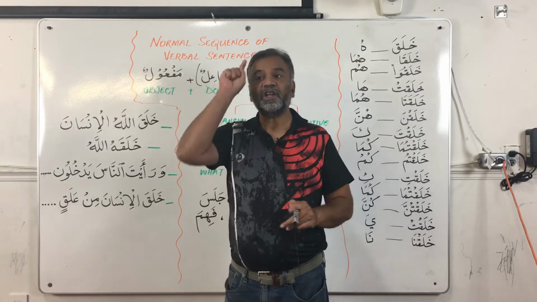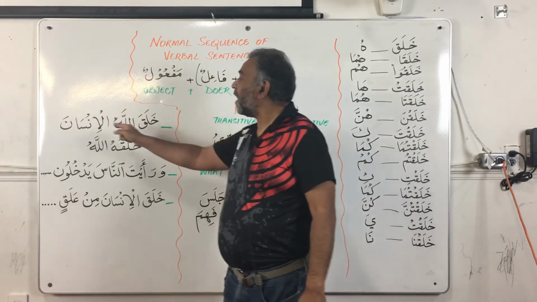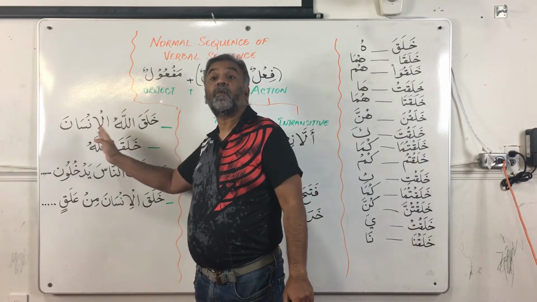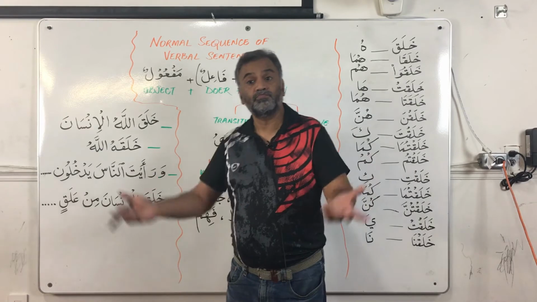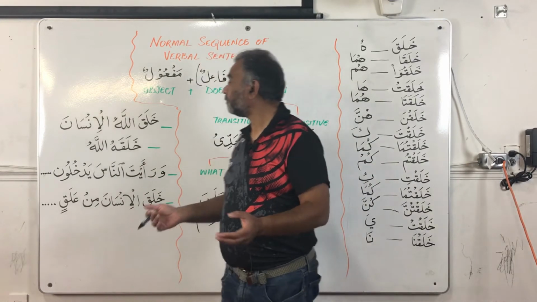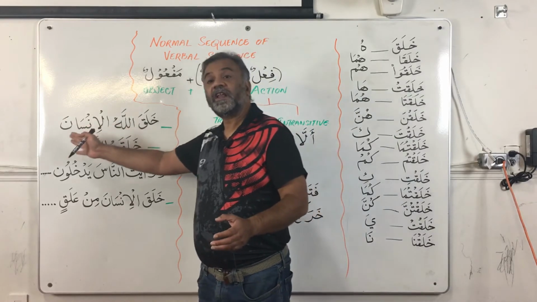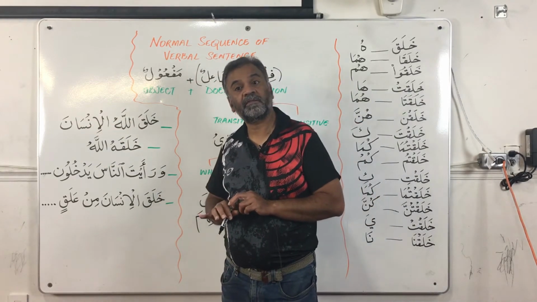So I immediately know that this is my fail. Why is it al insana, not al insanu? Why is it mansub? Allah created whom or what? Both qualify, right? So al insana is your maf'ul, object.